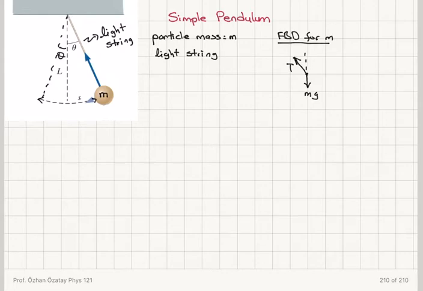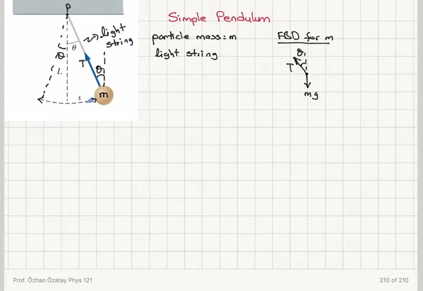I'm going to see that I have the weight mg, and then there will be the tension T, which is pointing towards the pivot point. So where is the pivot point? Here I have the pivot point P. And what is the angle between the vertical and the tension force? It's going to be theta.